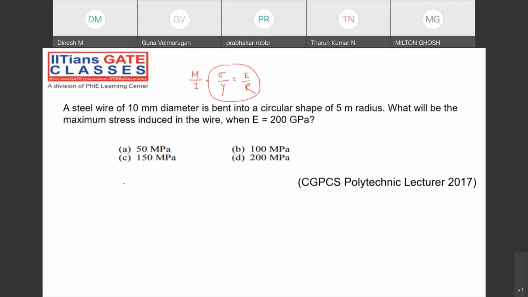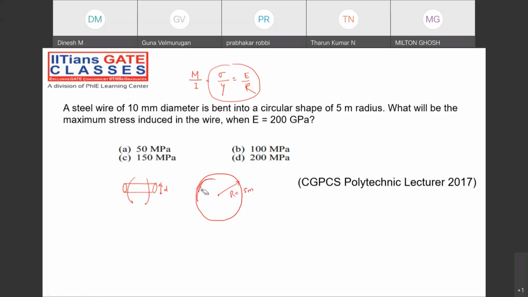So there is a steel wire which has some length and diameter. I apply a bending moment and convert it into a circular arc, that means a circular shape with a radius of 5 meter. What will be the bending stress introduced in this wire?